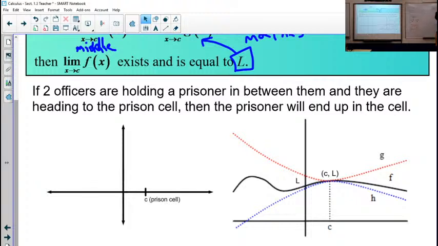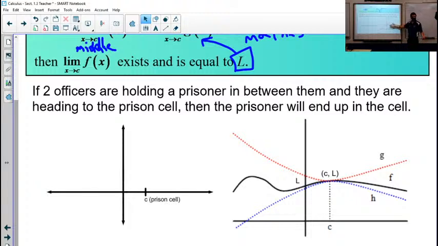And so the idea is that if I have the bottom and the top function both going to the same value, and I want the middle function to stay in between those two, well, if they're homing in on the same y value here, then there's nowhere else for this middle function to go. If it wants to stay squeezed in between those two, then it's got to stay in the same place that this top and bottom is going.